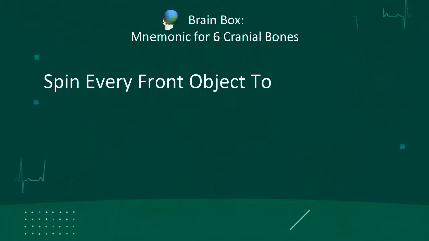So at the end, we are just going to memorize all the bones quickly with a very funny mnemonic. So here we have the mnemonic: spin every front object toward party.